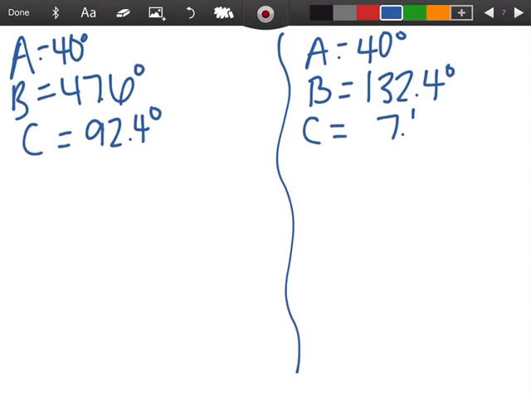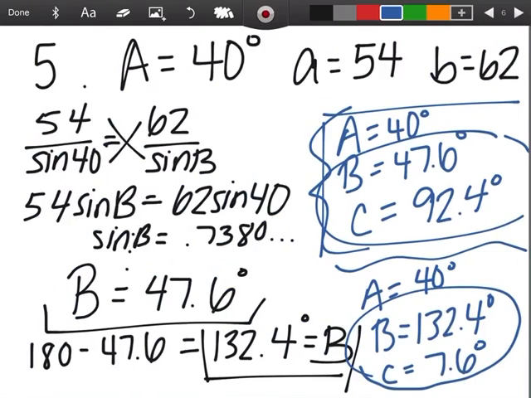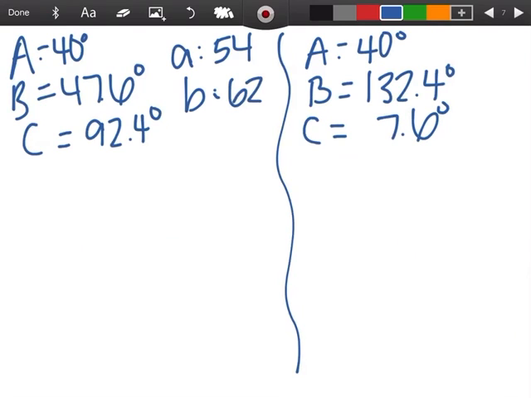I'll just look at my calculator. C is 7.6. Okay, in both cases, side a is 54 and side b is 62. If you research law of sines ambiguous case, you can see some pictures describing that these 2 triangles do both exist. And so I need to find side C in both cases.